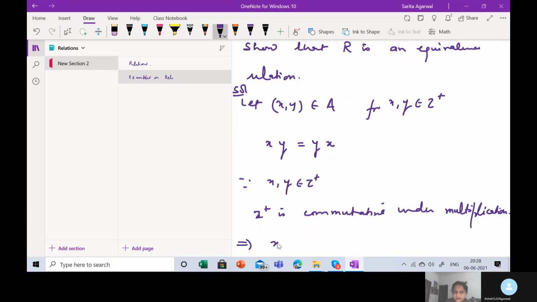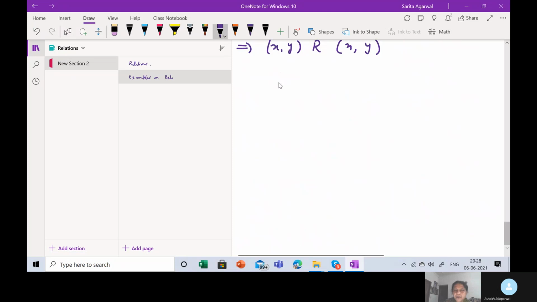And this gives us that (x, y) is related to (x, y). And (x, y) belonging to A is arbitrary.